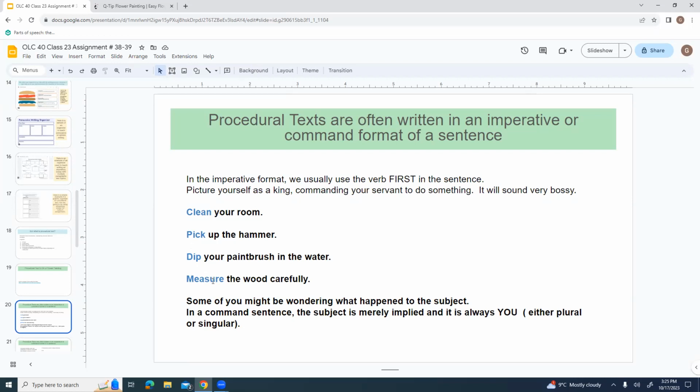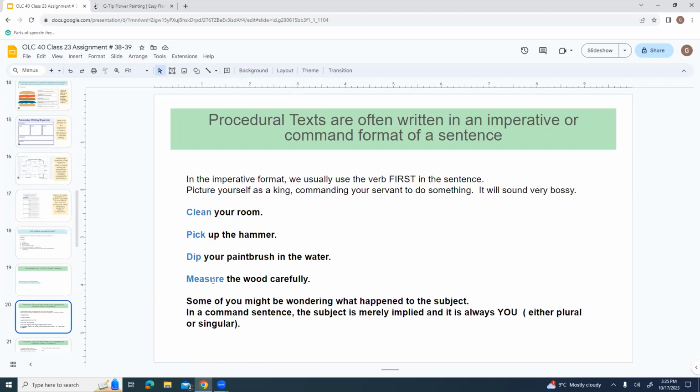Now, we've been talking about how you always have a subject, and here I am telling you to throw out the subject. In this particular type of sentence format, the subject is implied. We don't actually write it. Essentially, the subject is always you, whether it's plural or singular.